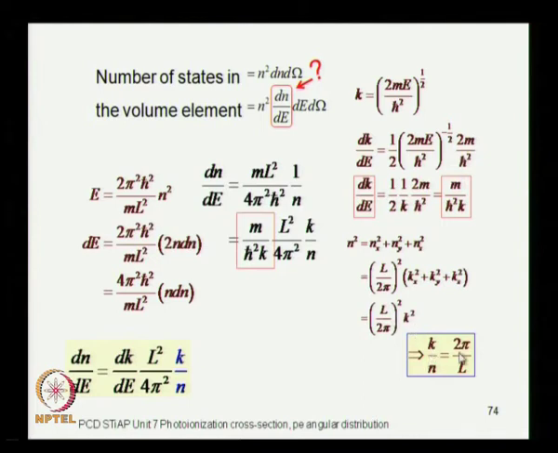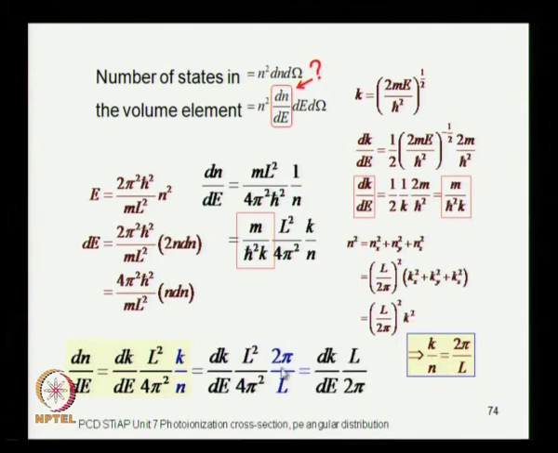So, k over n is nothing but twice pi over L. So, you use this expression for k over n, and now you have got an L square over 4 pi square and a 2 pi over L. So, that gives you L over 2 pi. So, this is the expression for dN over dE that should go over here.